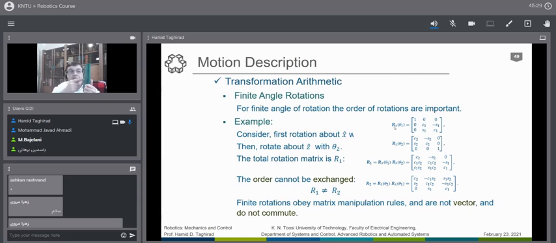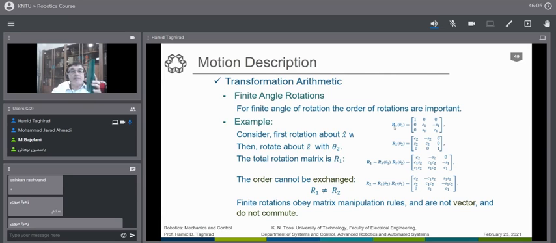We rotate it 90 degrees about x, and then 90 degrees along z. From x we rotate 90 degrees, and from z we rotate again 90 degrees. From here, we are coming to here.